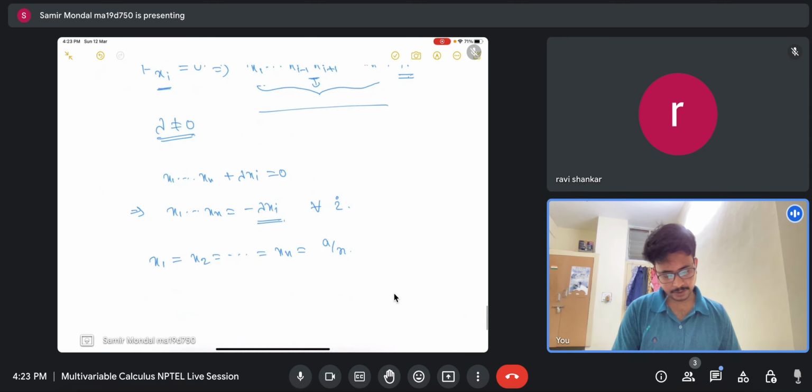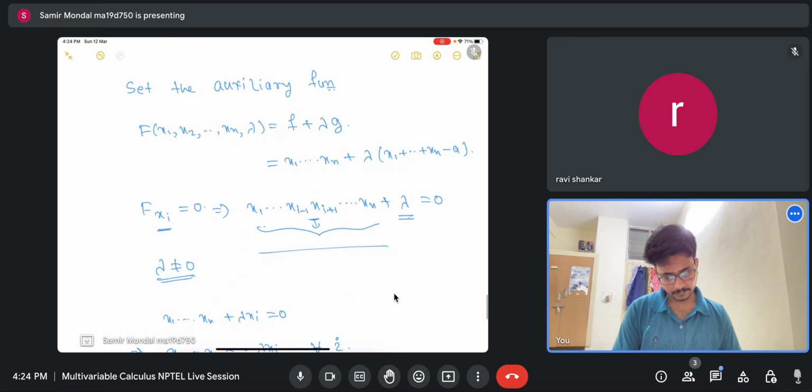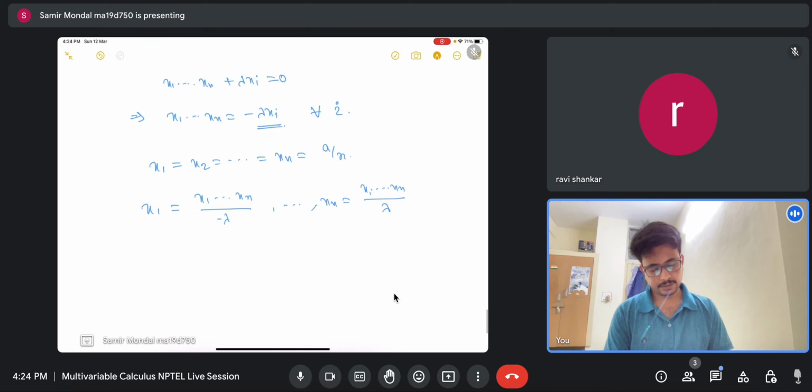It's true for all i. So from here, xi equals this product by minus lambda, and for everything we are getting it like that. And we know this sum equals a.